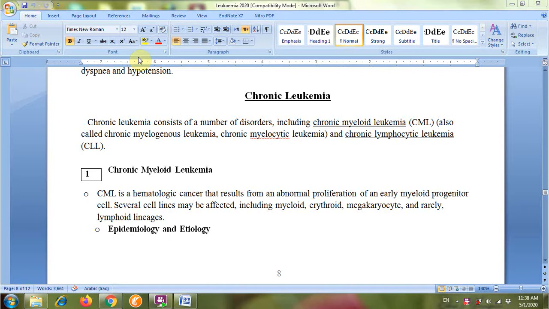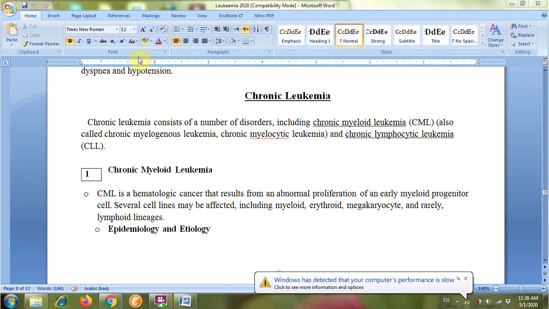We have two types of chronic leukemias. Of course, chronic conditions are slow progressive conditions. If it affects the myeloid cell line, it is termed chronic myeloid, myelogenous, or myelocytic leukemia, which is immature, non-competent mature leukocytes in the myeloid cell line.